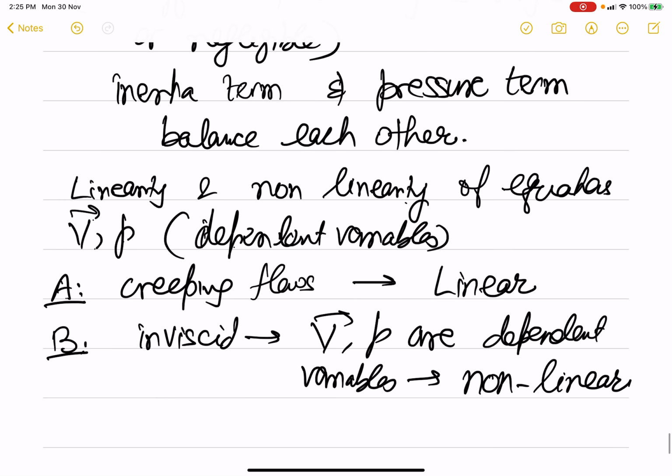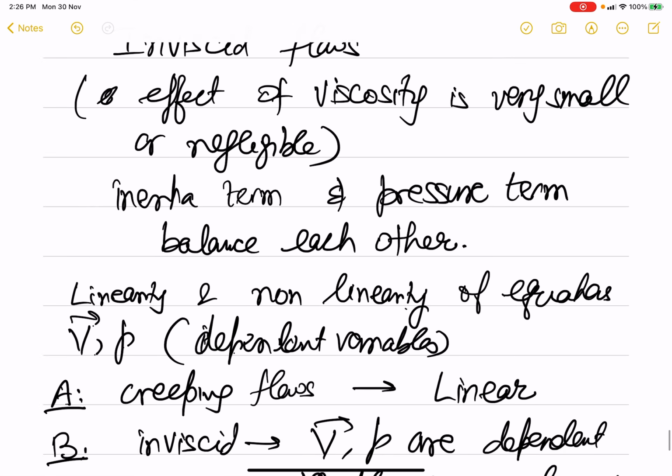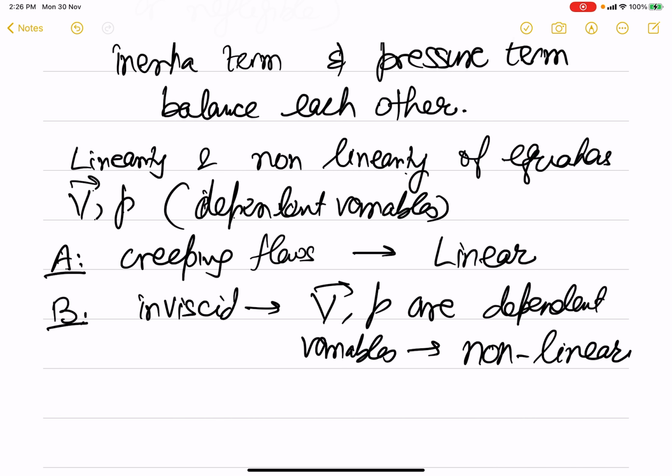So we will continue from here in the next class, where we will look in detail at inviscid flows, and in particular we will look at irrotational flows, and we will see what form the equations take. But you may get a feeling when we talk of inviscid flows or irrotational flows, is there any equation which comes to our mind?